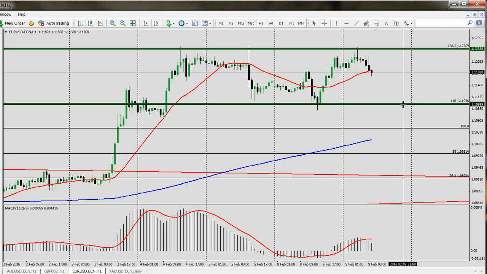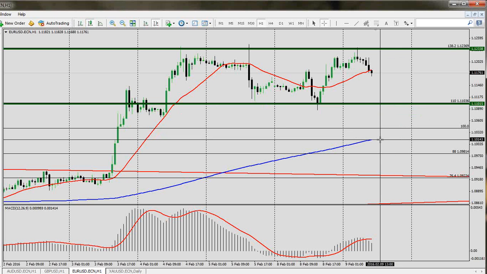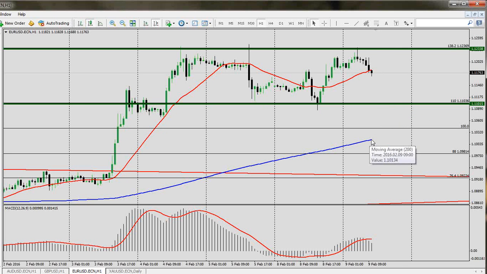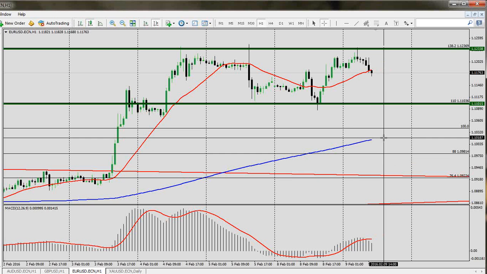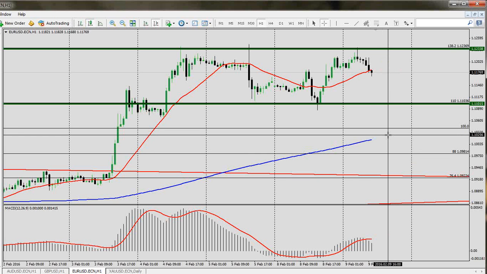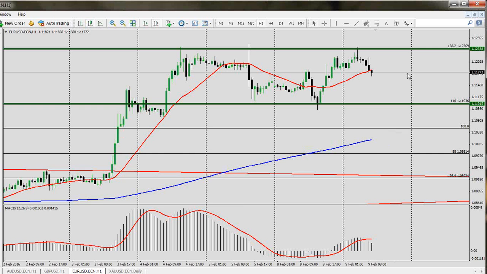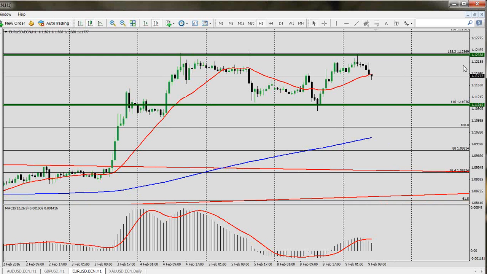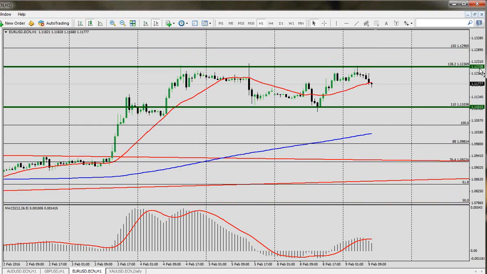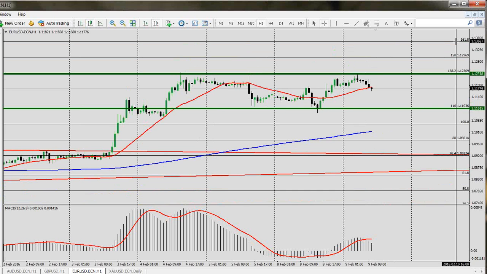So short below 1.11, and target the 200-hour moving average at 1.1020 level, and long above 1.1240 level, and target at 1.1350 zone. This is for EURUSD.